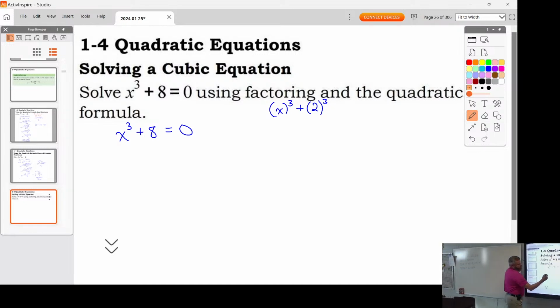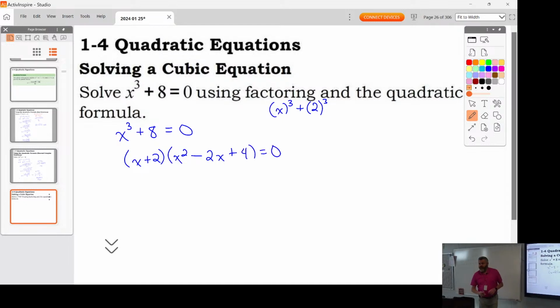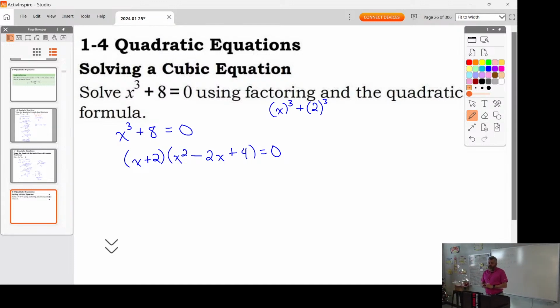But x cubed plus 8 will factor into x plus 2 times the first guy squared, so x squared, opposite sign minus 2 times x, always plus the last guy squared, 4. So this is factored completely. But we're not just factoring, we're solving. I currently have 2 factors.